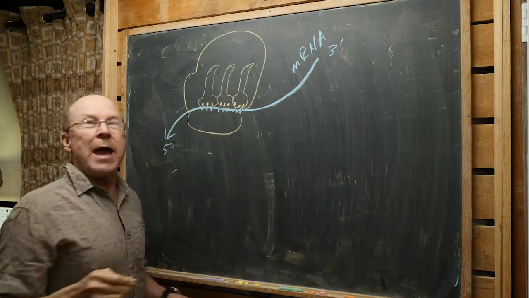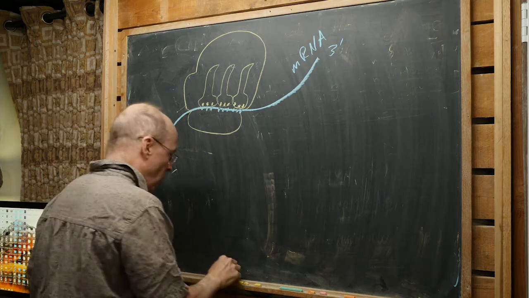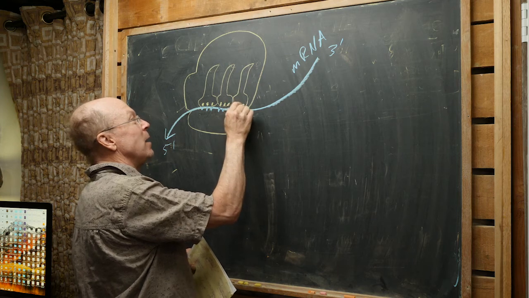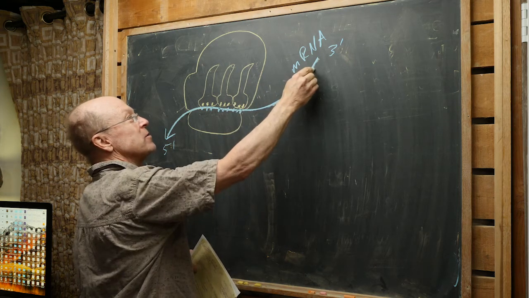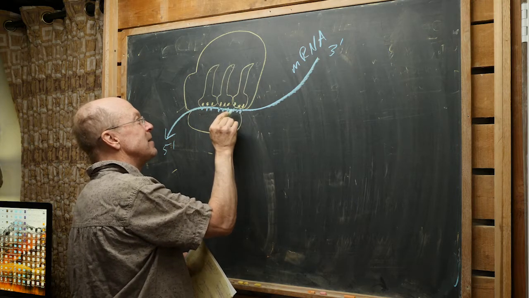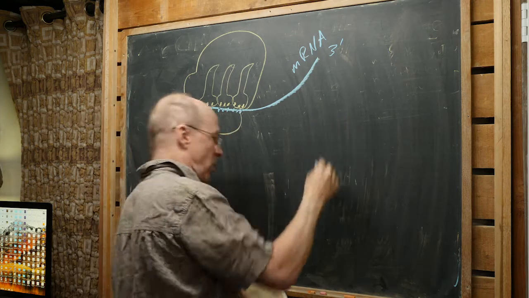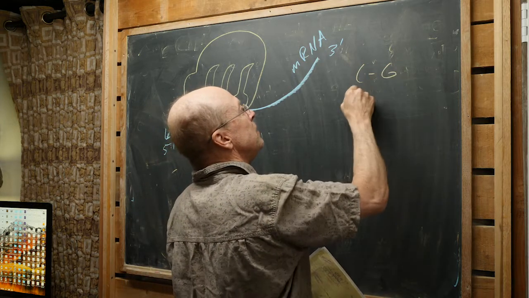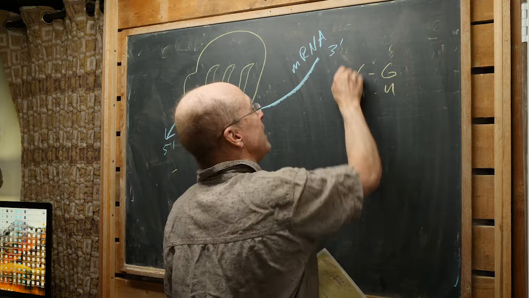Now, if we were just focused right here on this one, if that was an A, this of course is RNA, that's a U. If that next one over is a C, that's a G. So remember our complementary base pairing in all of this process. So CG, AU, and that's RNA lingo.